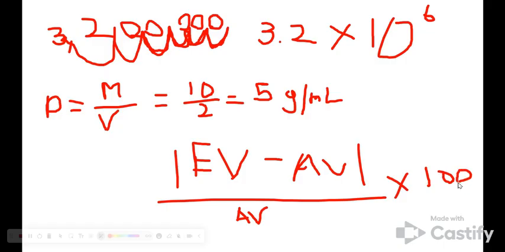A small percent error means good accuracy and a large percent error means poor accuracy.